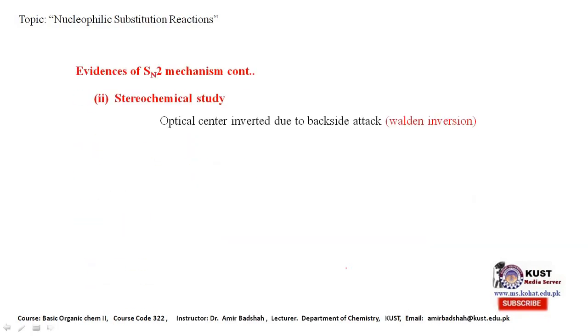The second evidence of the SN2 reaction is the stereochemical studies. In stereochemical studies, we know that there are some configurations which are R and some which are S. So in the SN2 mechanism, the attack takes place from the back side. It means it doesn't attack from the side through which the leaving group leaves, but it attacks from the back side.